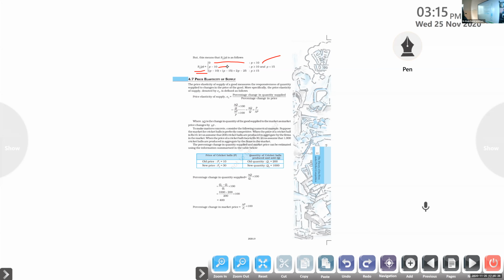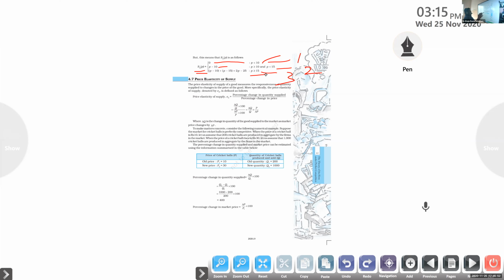Coming to the third situation: first situation clear, second situation clear. The third is P minus 10 plus P minus 15, firm 1 plus firm 2. They produce this quantity when the price is greater than or equal to 15.